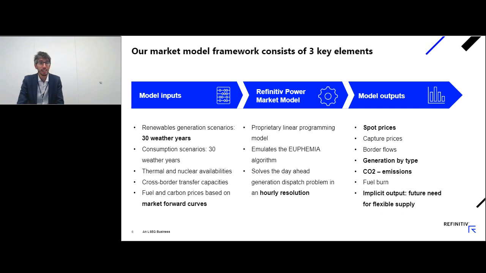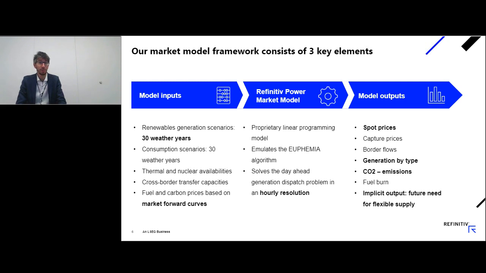So the model is a stack-based model, which essentially takes the renewable generation scenarios from the 30 weather years from 91 to 2020, and the same for demand scenarios, and then uses thermal and nuclear availabilities and calculates short-run marginal cost plant by plant for the countries covered, using fuel and carbon prices based on the market forward curves.